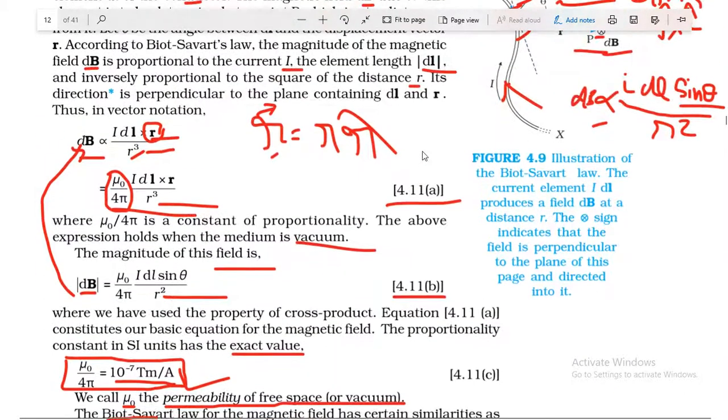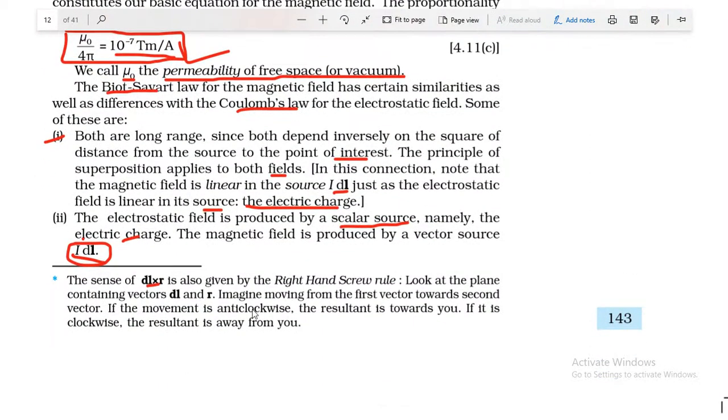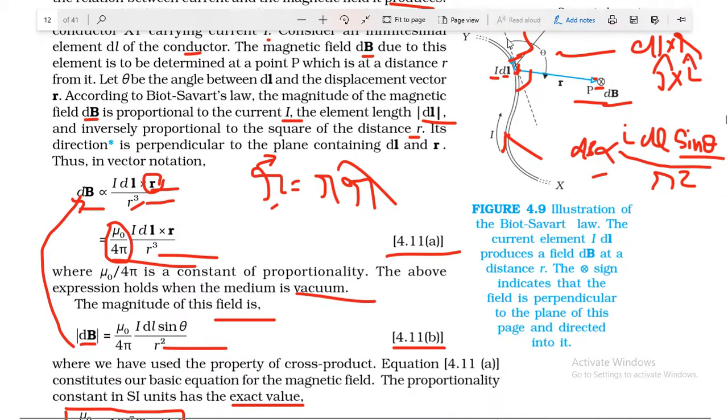You can see this in the statement as well. If the movement is anti-clockwise, the resultant is towards you, but if it is clockwise, it is away from you. In this diagram the movement is clockwise, so it is away from you. If you take r cross dl, it will be perpendicular to the plane of paper and towards you, but this one is clockwise, so it is perpendicular to the paper but away from you.